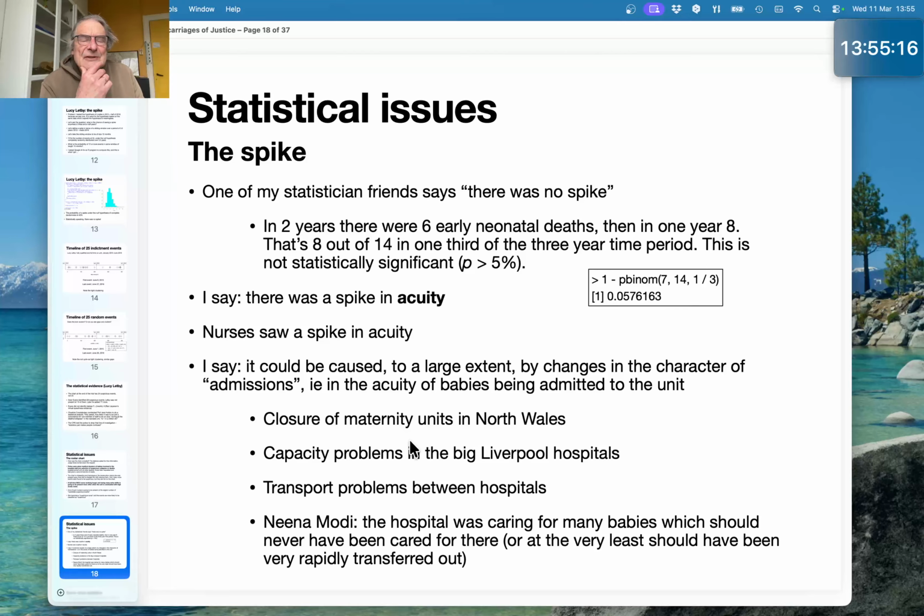First of all, going back to the spike, one of my statistician friends keeps saying there was no spike, and in the previous talk I've explained why my statistician friend is right, for a subtle statistical point, that was with the moving window stuff, that there's no statistical evidence on its own for a spike.